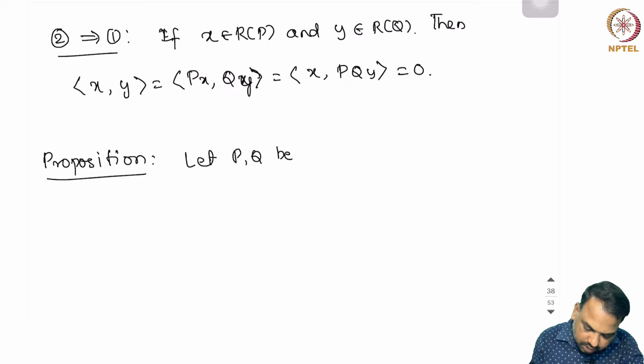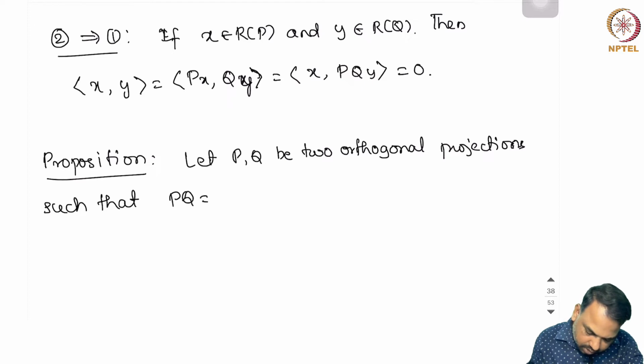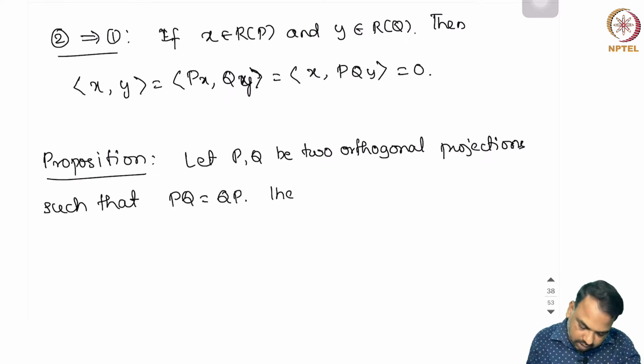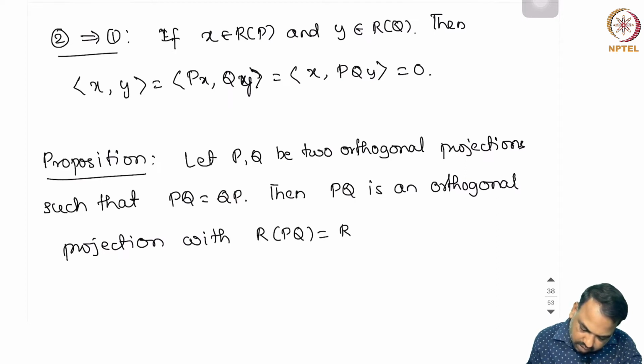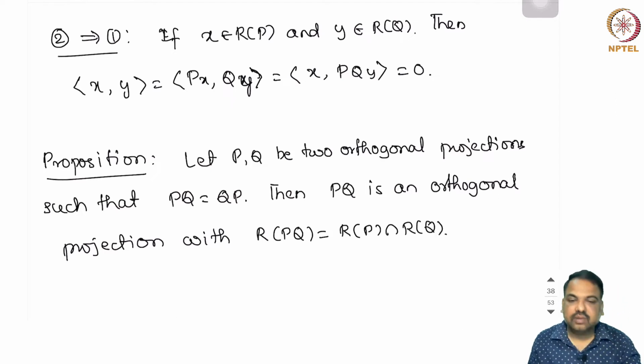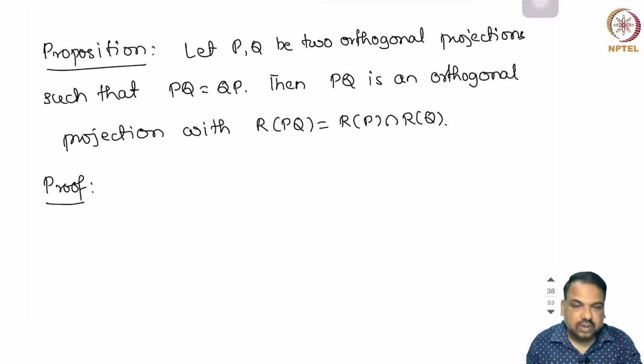Let P and Q be two orthogonal projections such that PQ equal to QP, then we can say that PQ is an orthogonal projection with range of PQ exactly range of P intersection range of Q. Okay, so product of two orthogonal projections is an orthogonal projection provided they commute with each other.